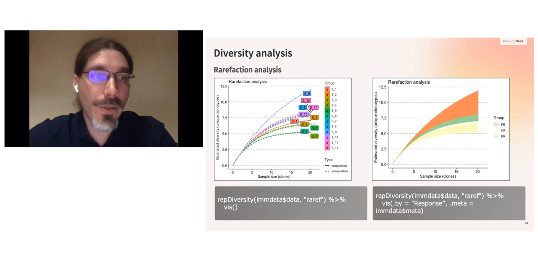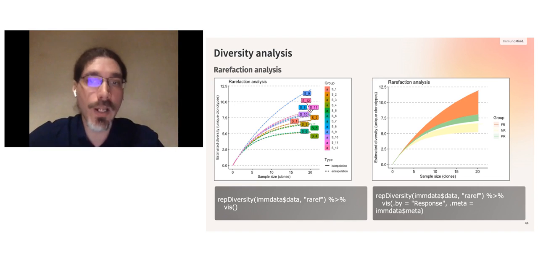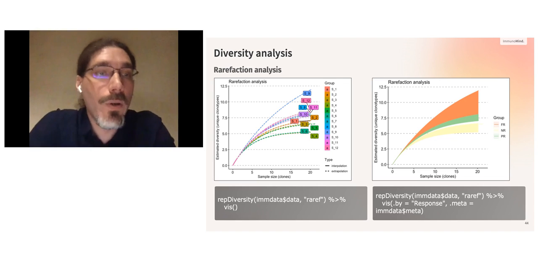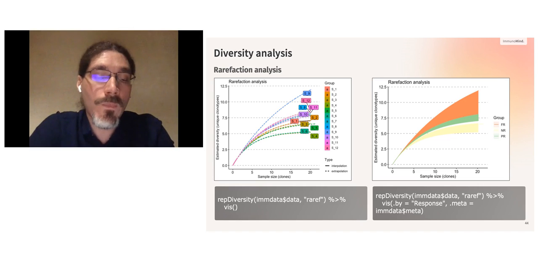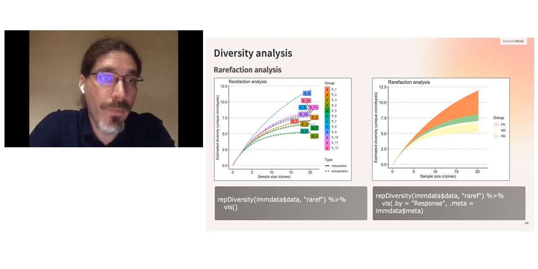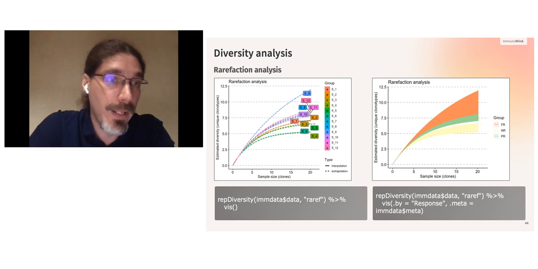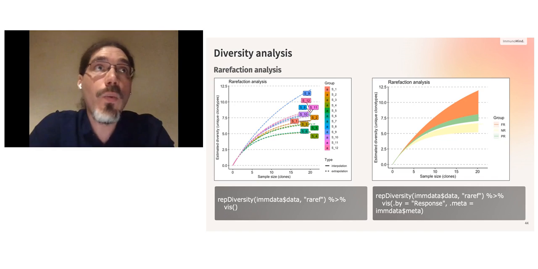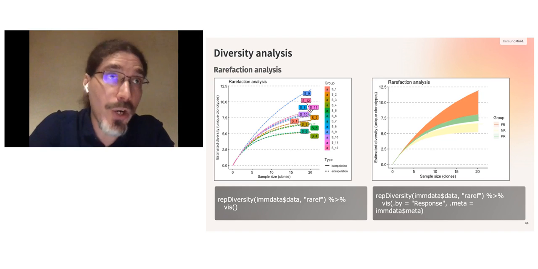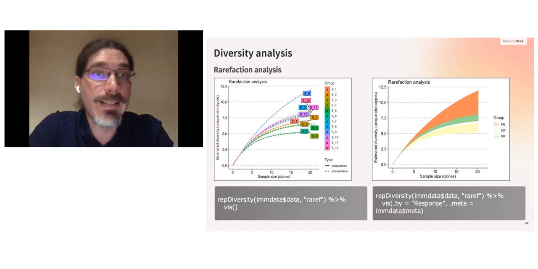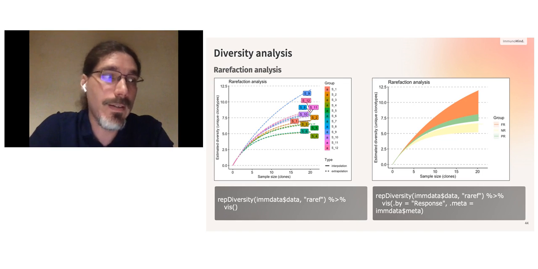These rarefaction curves provide a little bit more information in contrast to Chao1 because you can see the behavior of these lines. And it also works in samples where you have some troubles with sequencing depth, or for example, samples with vastly different sequencing depths.